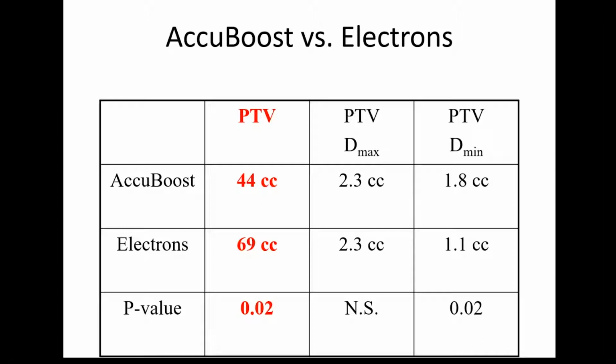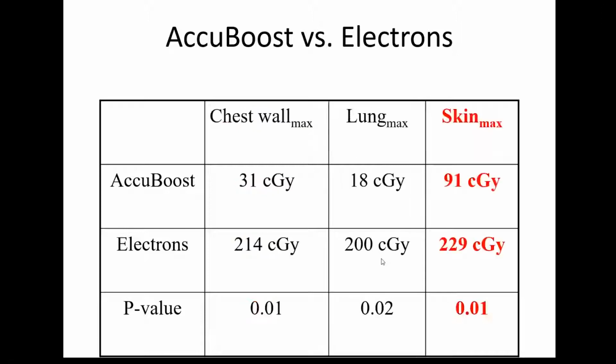Next slide. And a second question, what is the skin dose? I'm also about to show that. Next slide. So as we look to the specific point, comparing AccuBoost to electrons, because we're using two separate vectors or two separate axes to treat, we're spreading that entry dose across the skin.